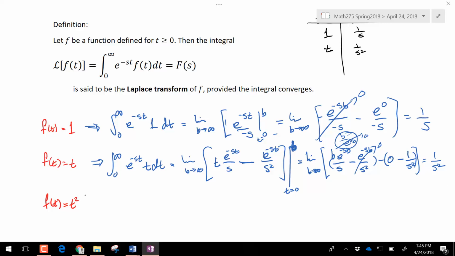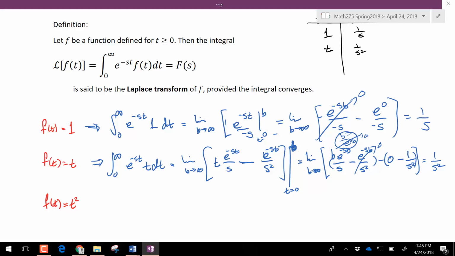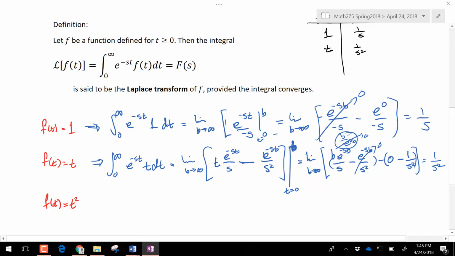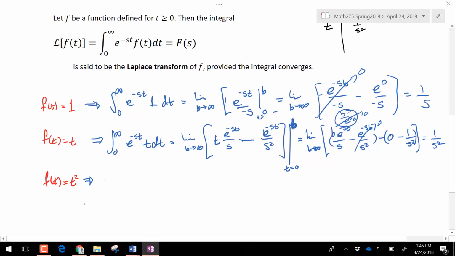So, integral from 0 to infinity t squared e to the minus st dt.